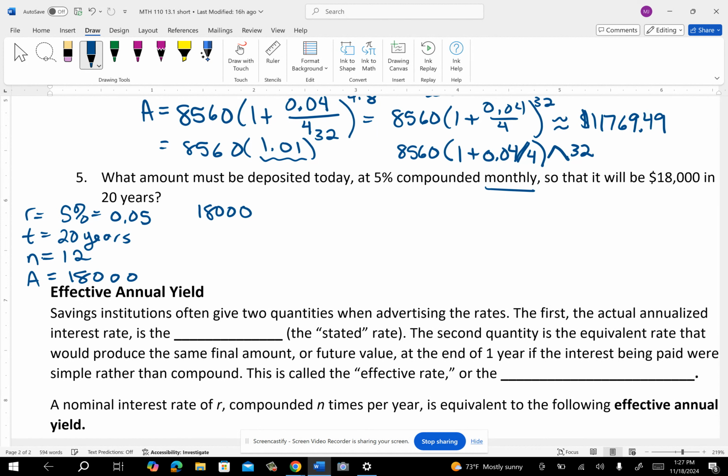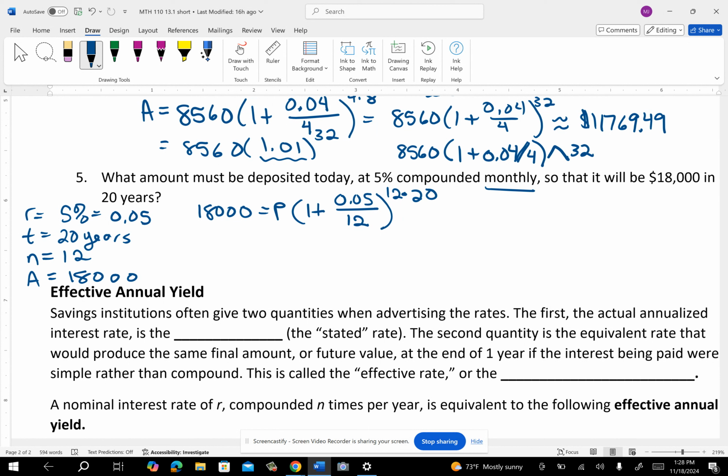So I'm still thinking about that same formula. P, and then I'm going to have 1 plus the R, which is 0.05, divided by 12, and then my exponent's going to be 12 times the T, which is 20.